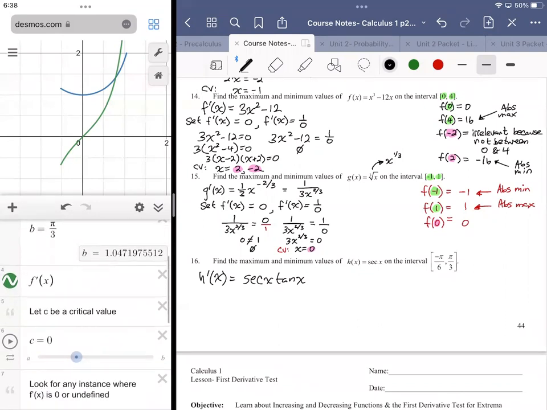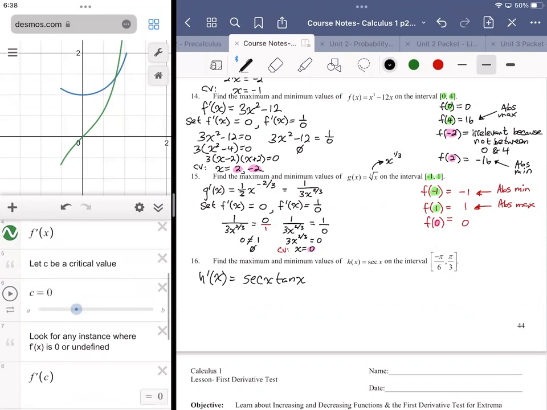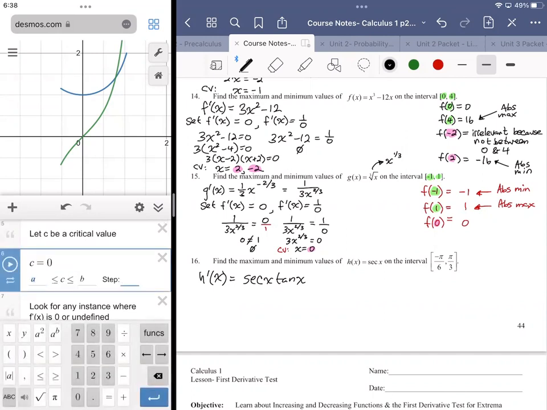I would need my c value, again, to be either undefined, to give a result that's undefined in the derivative, or equal to 0. So we'll do it again analytically first, and then we'll look in the calculator. But when it comes to trig problems, you may want to adjust your step to go in trigonometric increments. Pi over 12 is a good value to put in.